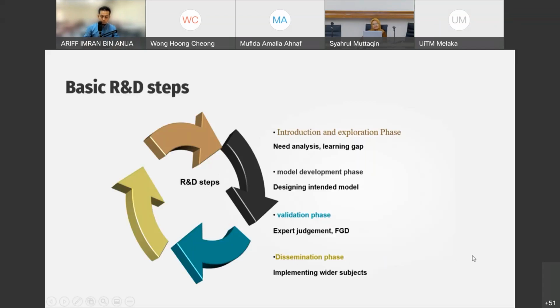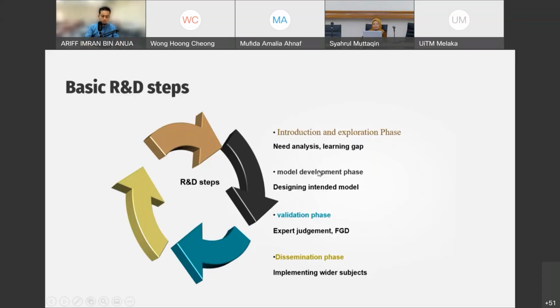And then the next is, when you are doing research and development, there are 4 basic steps. The first is the introduction and exploration phase. So you have to identify the needs analysis and also the learning gap.